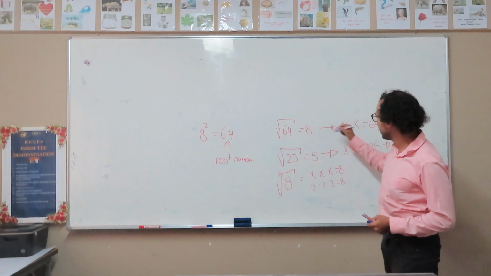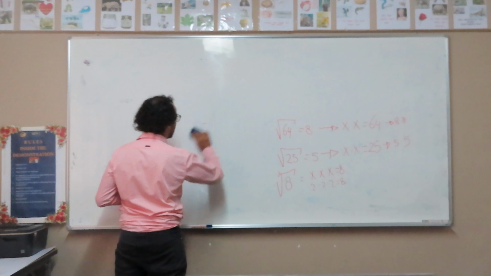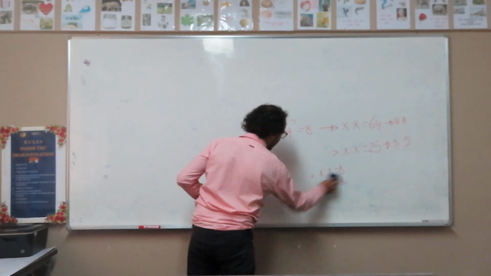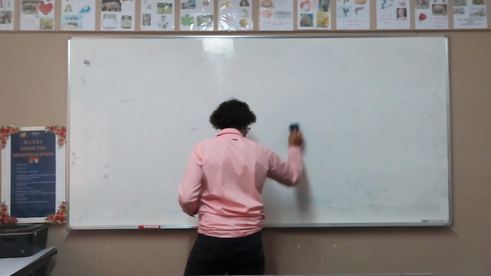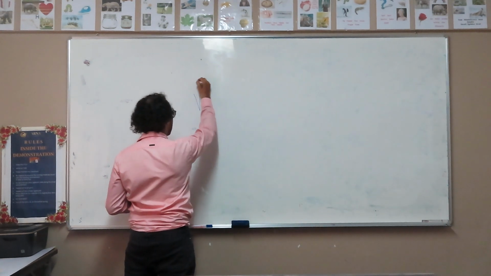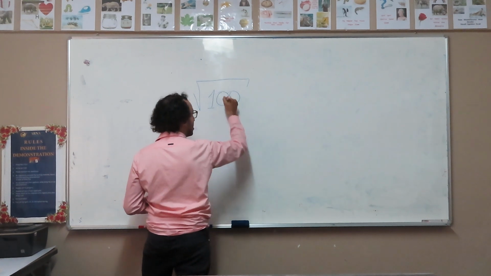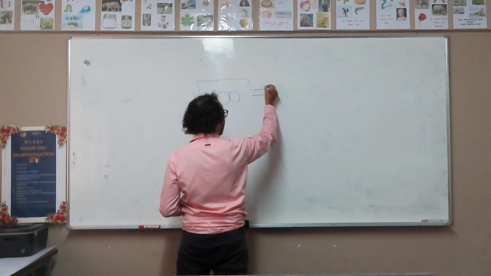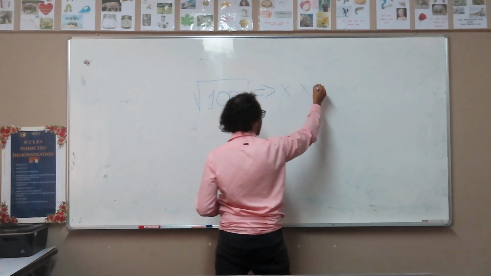So basically, let's do one more. And make some space. Let's say 100. So again, we know x multiplied by x is 100.